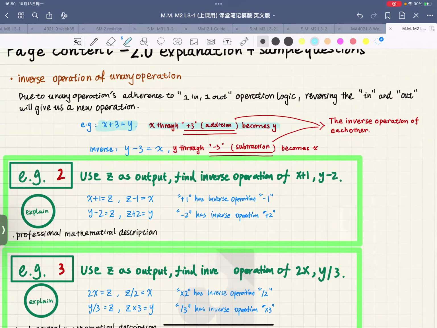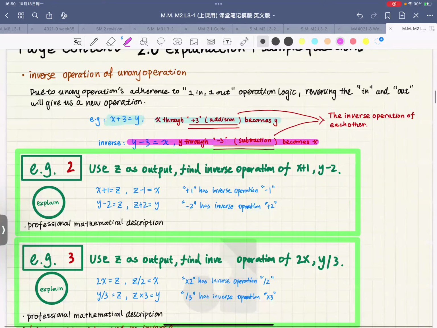So the inverse of this operation is y minus 3 equal to x. Basically, y through minus 3 becomes x. So these two are inverse operations of each other.